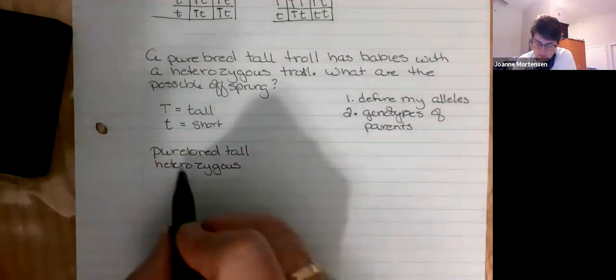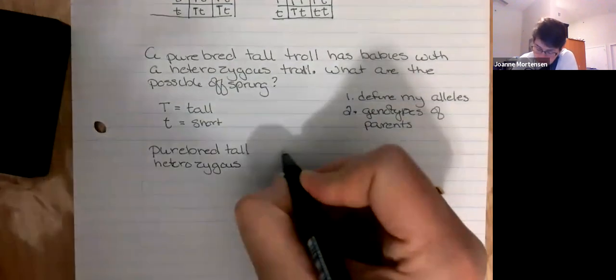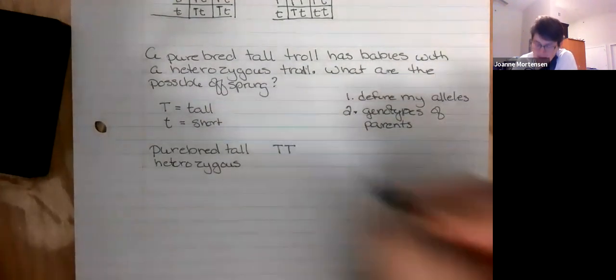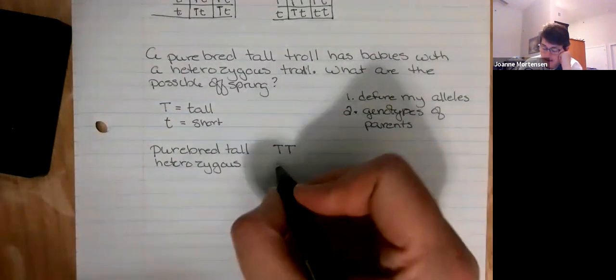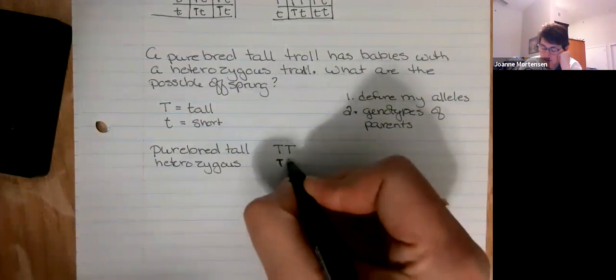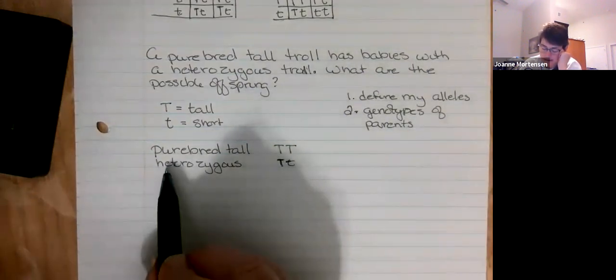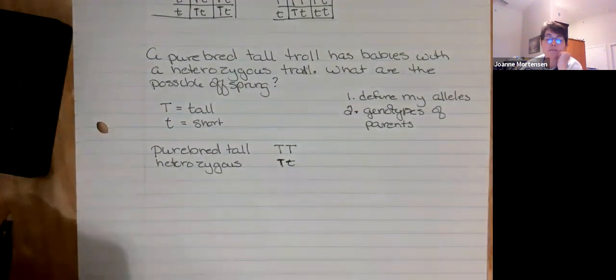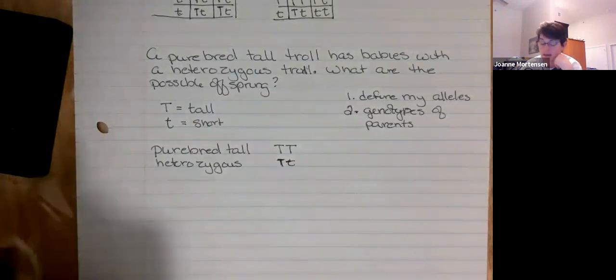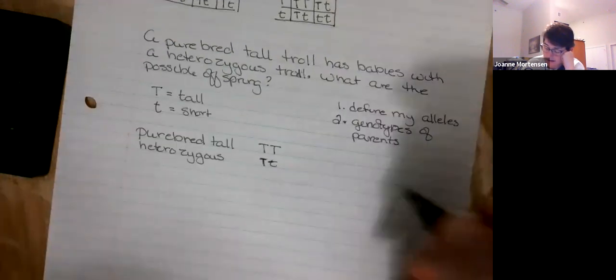All right, so purebred tall, that's easy. It's got the tall trait, capital T, that's purebred, had to be the same. Heterozygous, I don't even have to think, one of each. And by the way, what would this troll be like? Would it be short or tall or medium? Okay, medium's not an option yet. It would be tall because it has that capital T. So we got the genotypes of the parents.